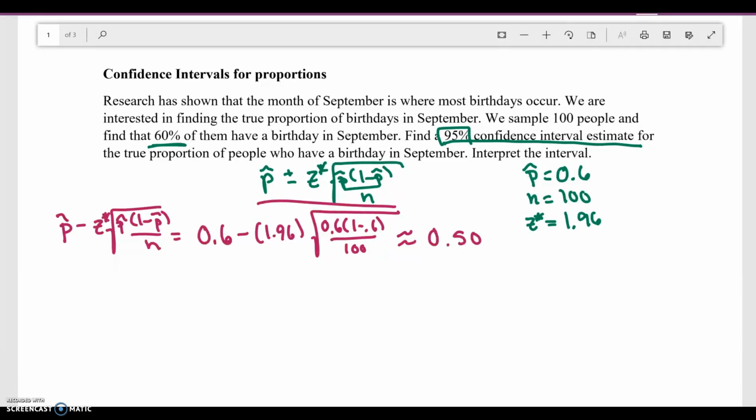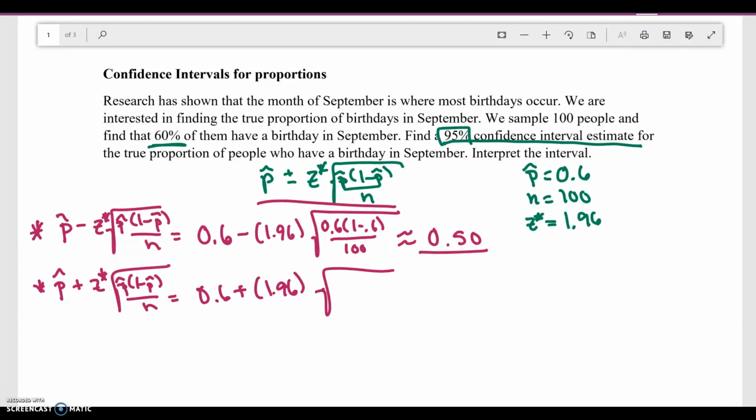Now if I want to figure out my other one, because this is only one part of the interval, what I have to do is p hat plus z star square root of p hat times 1 minus p hat, all over n. So basically everything is the same. The only thing I'm doing is changing the minus to a plus.